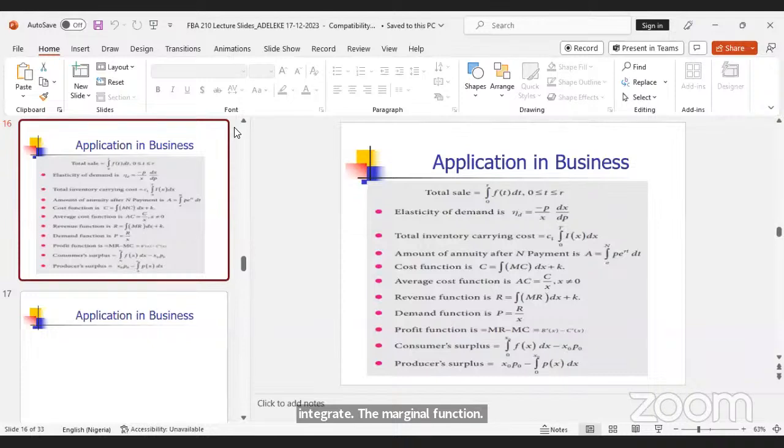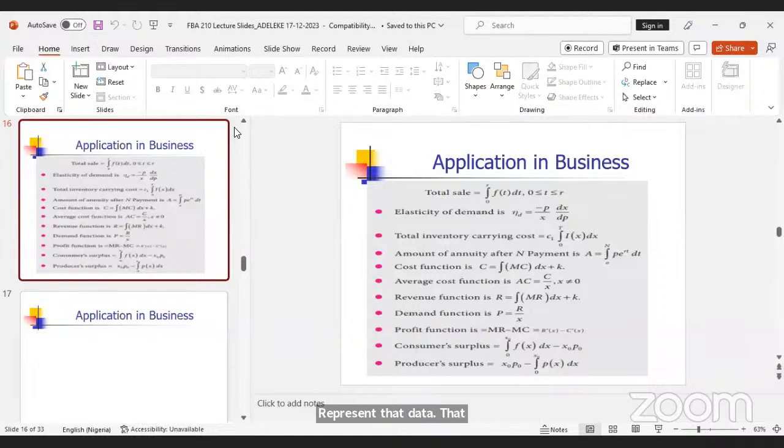I'll take it again: there are several functions in business, which includes economics, finance, and so on. If you have the total, you have your data over a period of time, you have studied it, and you have developed a function that you feel represents that data.